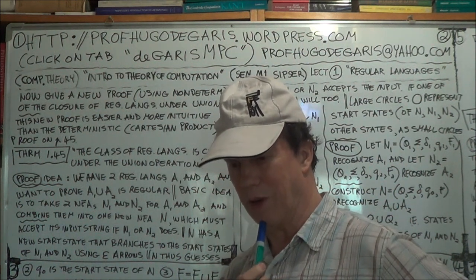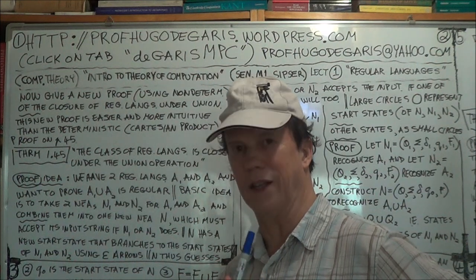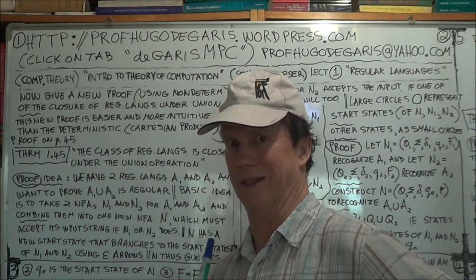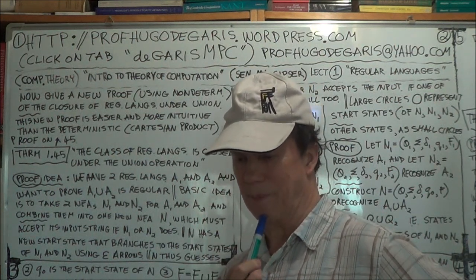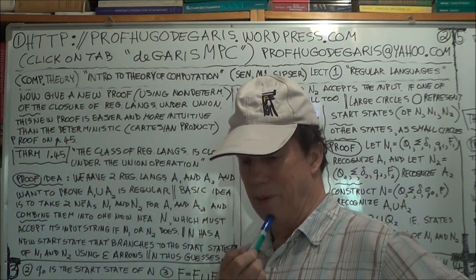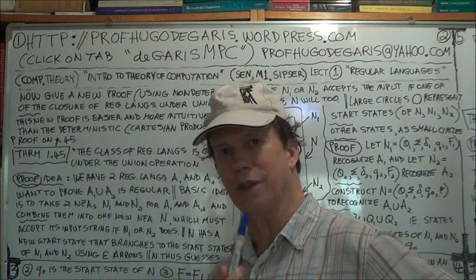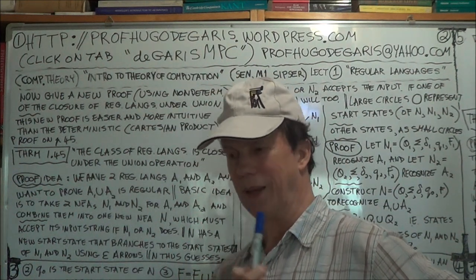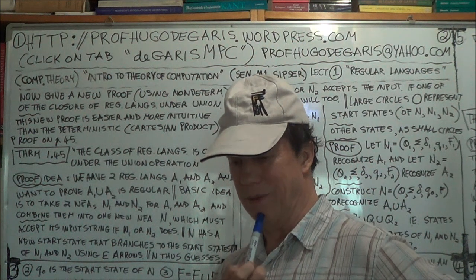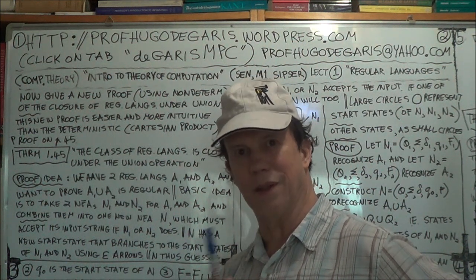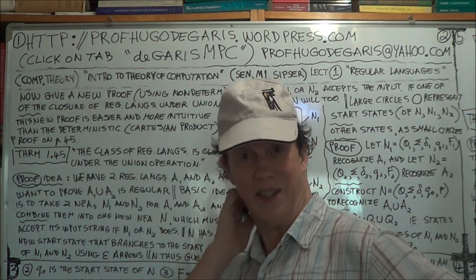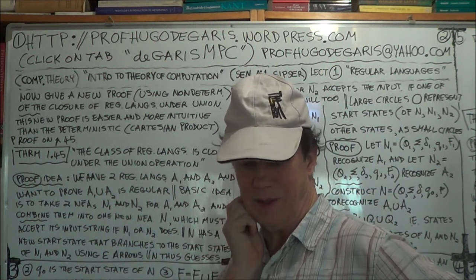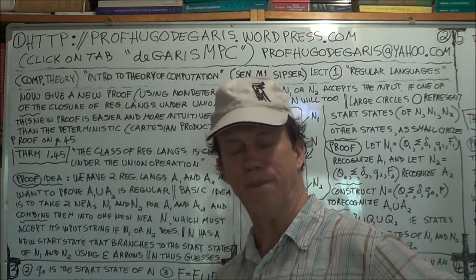Now, before, when we were trying to prove closure under concatenation, we got stuck. We just didn't know how to proceed. So we put things on the back burner, so to speak, and waited till we had discussed and learnt about NFAs, non-deterministic finite automata, non-deterministic computation.